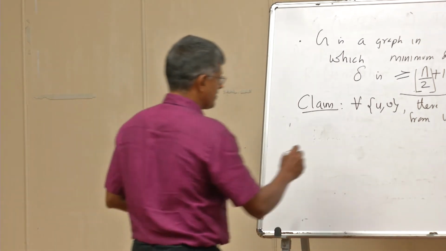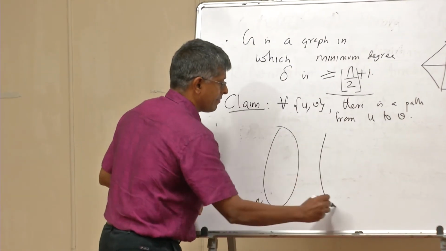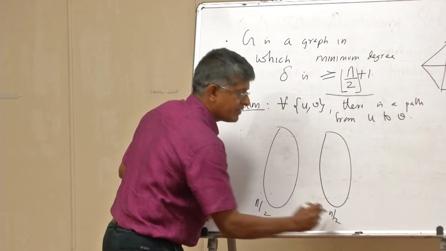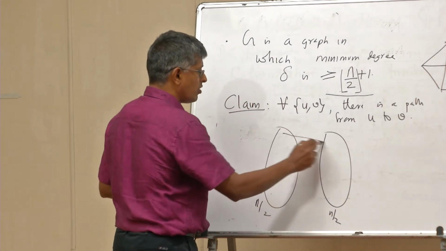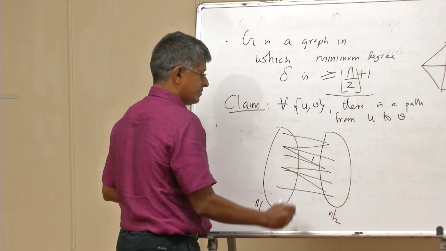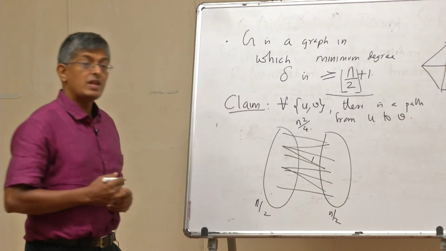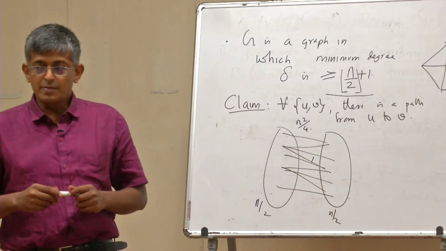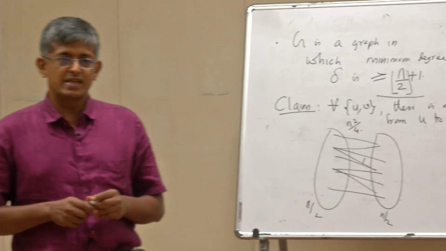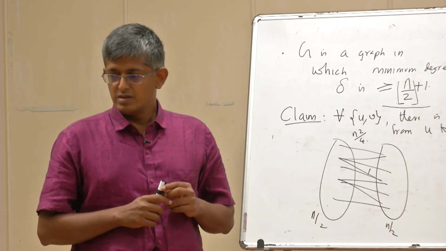So here is the graph. Let us assume n is an even number; split the vertices into two halves of n by 2 each and put all the edges between them. I put n square by 4 edges. Remember, the maximum number of edges possible in a graph is n into n minus 1 by 2, that is NC2.